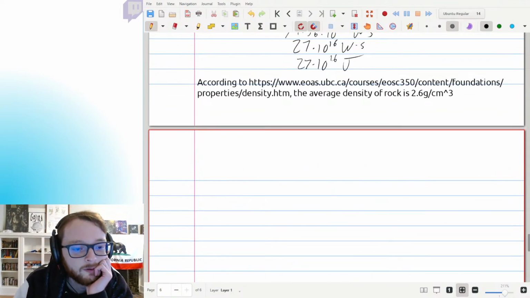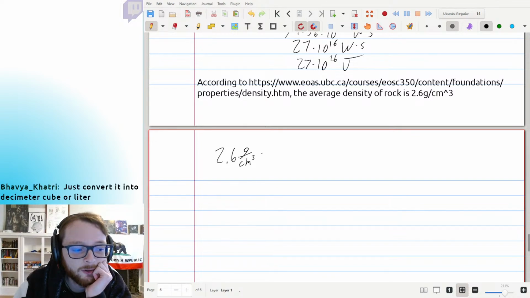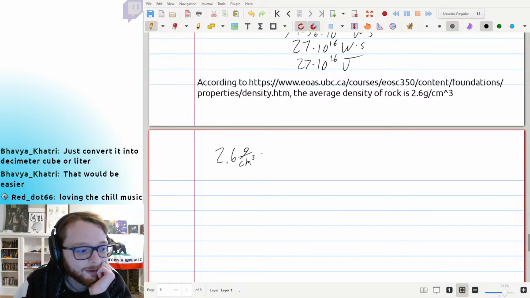We want to get it into kilograms per cubic meter. 1 kg per 1,000 grams times 100 cm in a meter, cubed.